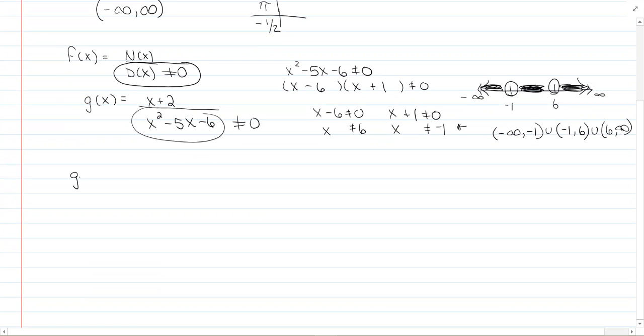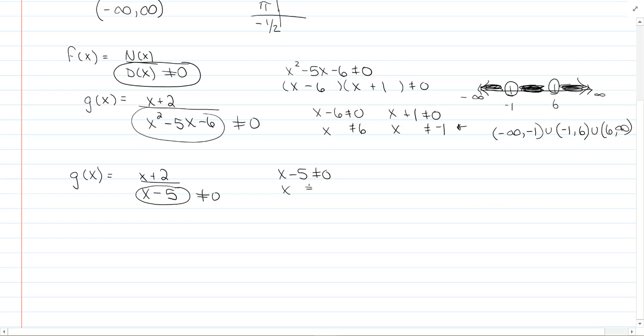I'll give you another function here. g of x equals x plus 2 over just x minus 5. Well, again, this has a denominator. We set it not equal to 0. This one doesn't need to be factored, though. This is just get x on one side, numbers on the other. It's not degree 2.